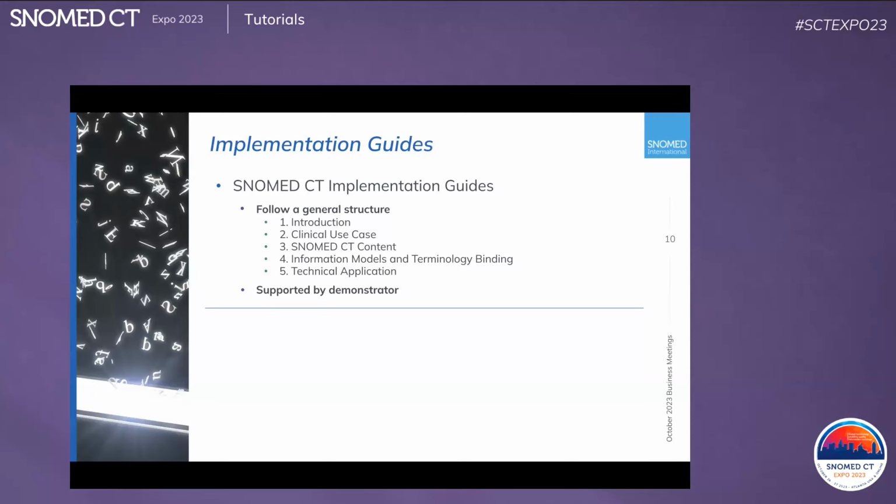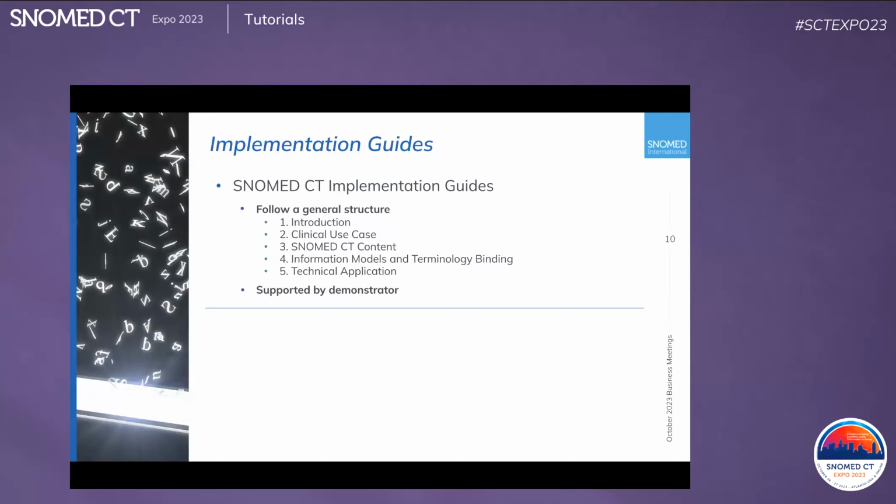And yet again, we had the discussion about who an implementation guide is for. And of course, it's important that there is a strong clinical focus. So when you implement SNOMED CT within a certain clinical domain, why can SNOMED CT contribute to better data and better care within that clinical domain? So that was one of the strong requirements.